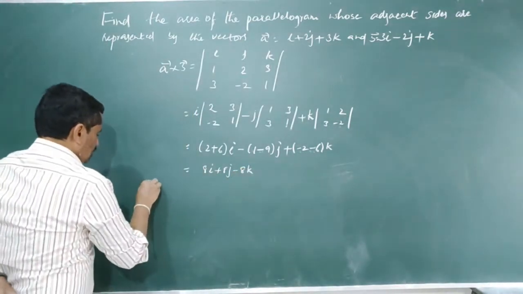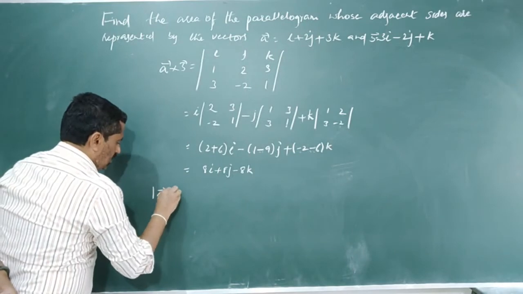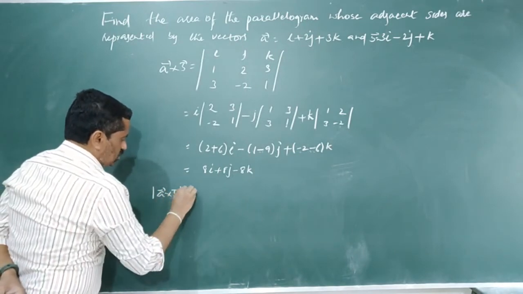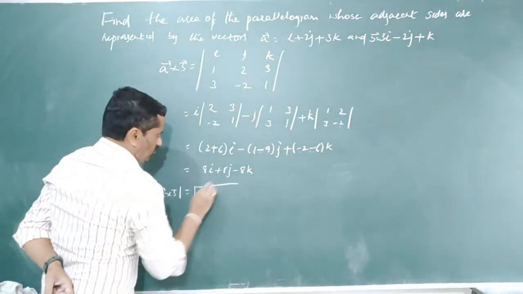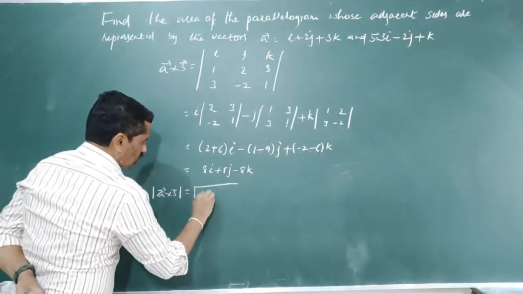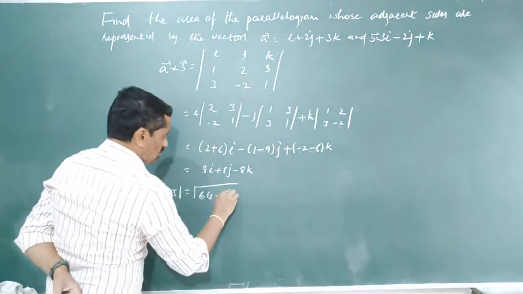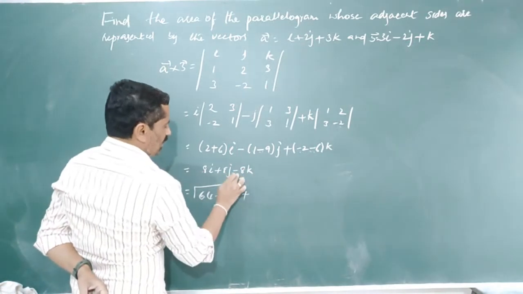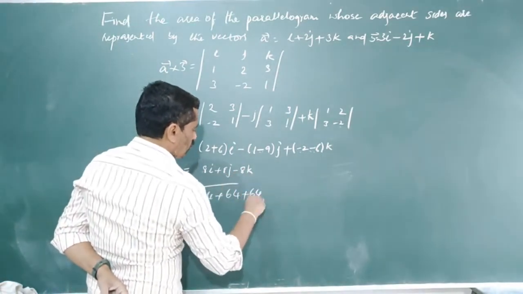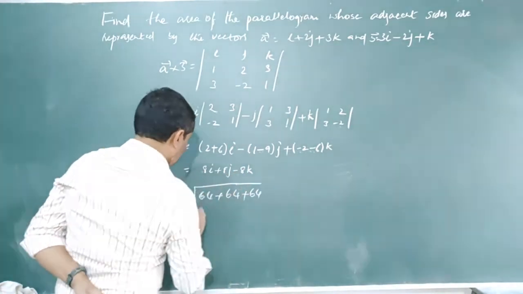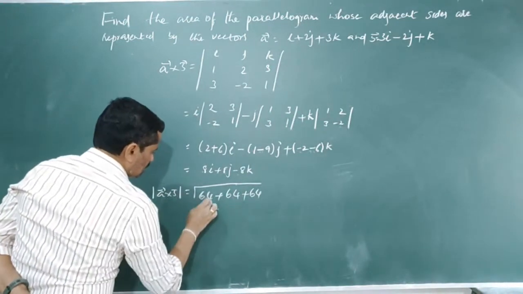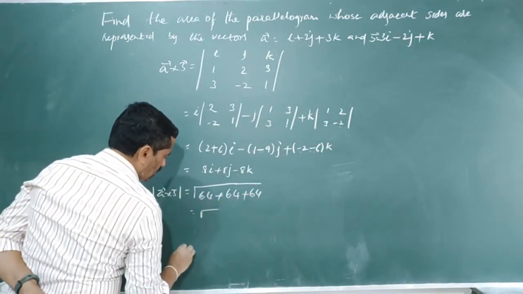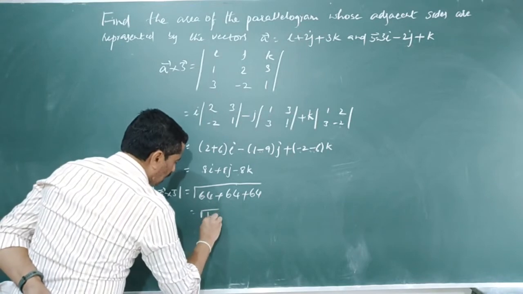Therefore the magnitude of a bar cross b bar is equal to the square root of 8 square, 64, plus 8 square, 64, plus minus 8 whole square, we have 64. Again that is equal to root of 64 plus 64 plus 64, we have root 192.